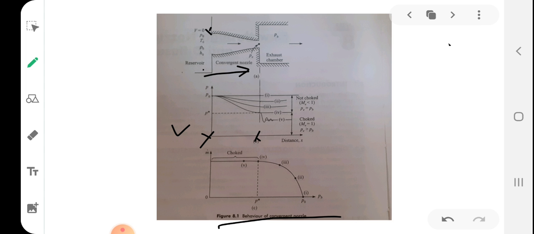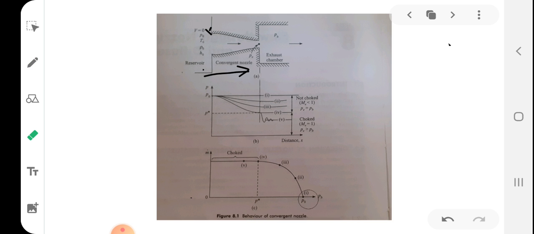So along the length of the nozzle, how the pressure varies, and according to the back pressure, how the mass flow rate varies. These are the contents of study in this session.